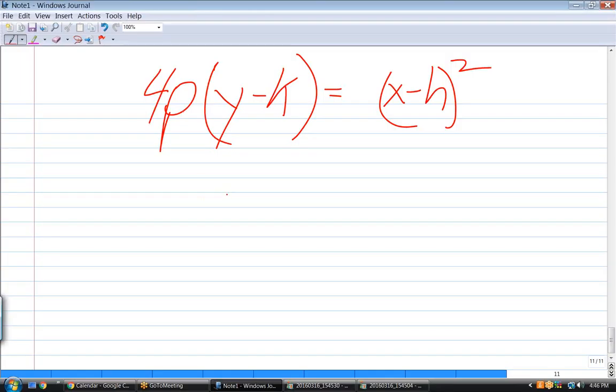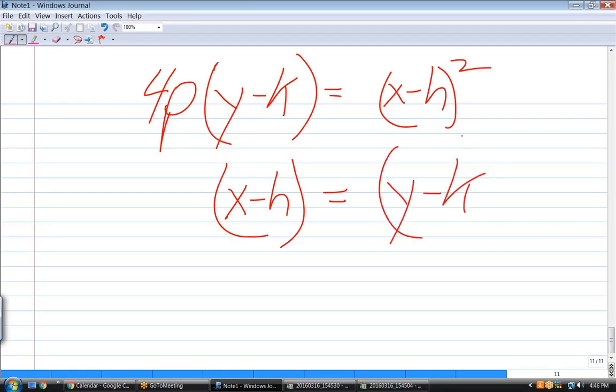For a horizontal parabola, we have the x minus h, and it's going to be the y squared, because x equals y squared is a horizontal parabola. Where does the 4p go? In front of the x.